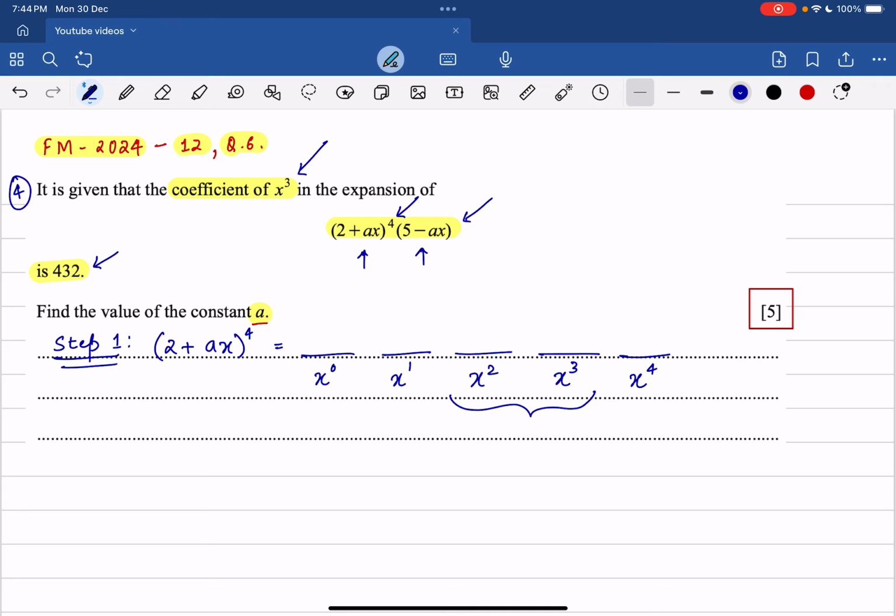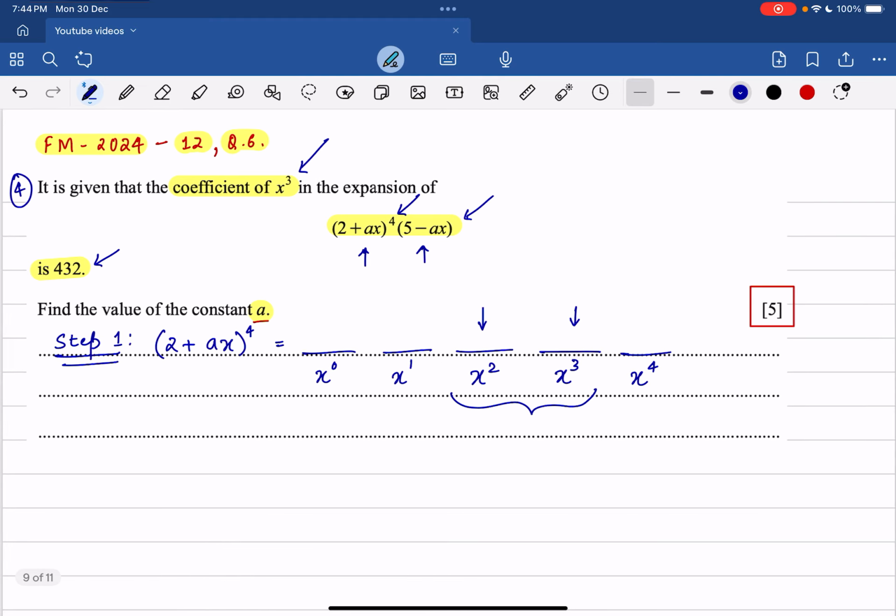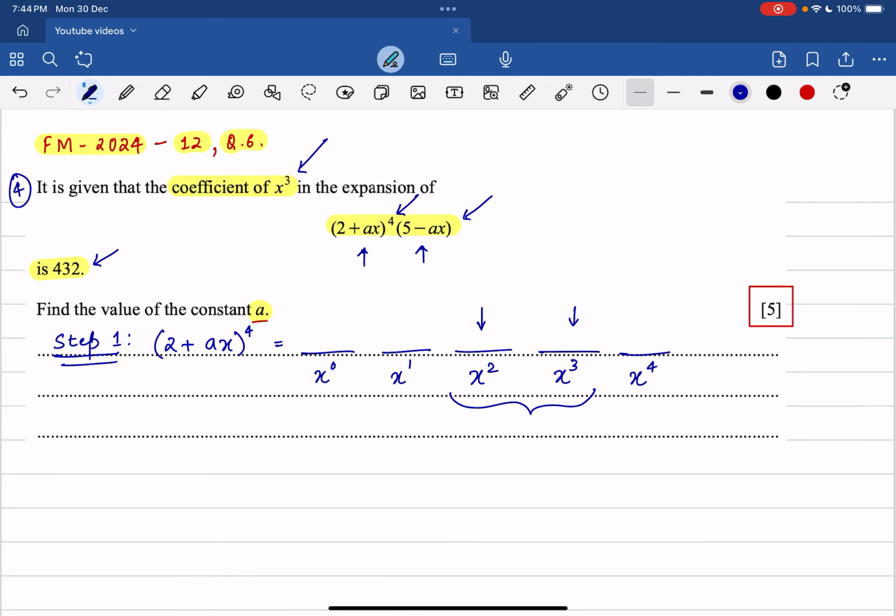So let me focus on the coefficient of x raised to 2 and x raised to 3. Why am I looking at the coefficient of x squared? Because when I multiply the bracket of something plus something x squared plus something x cubed with a linear binomial, the ax when multiplied with x cube becomes x raised to 4, which is not our area of interest because we are only looking at x cube.